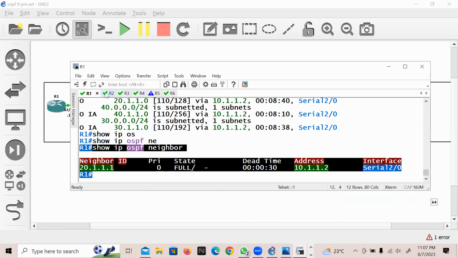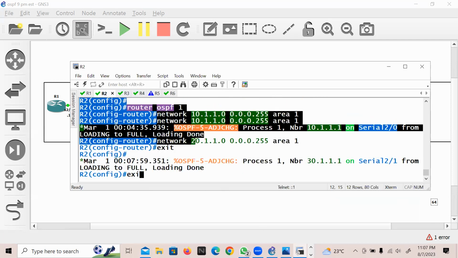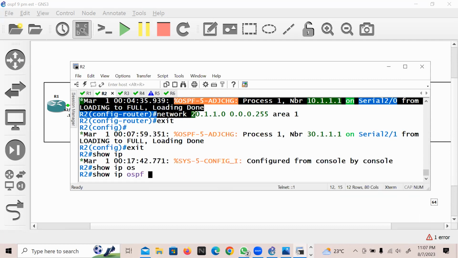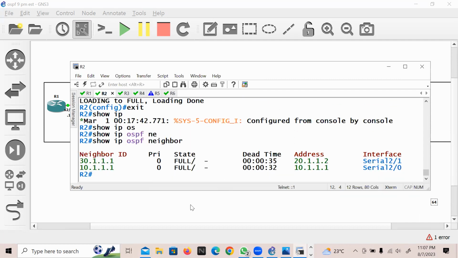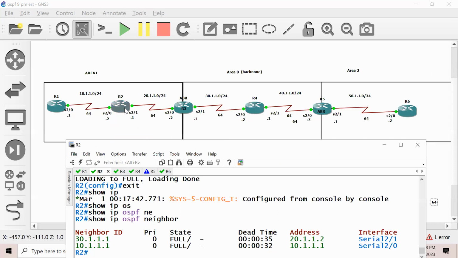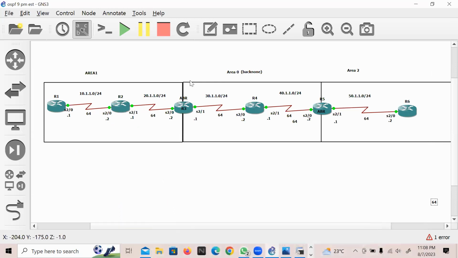On every router, if I go to R2, R2 will show my neighbors. R2 is saying I have two neighbors, with neighbor IDs 30 and 10. So basically you can see it simply like this: R2 has two neighbors, R1 and R3.